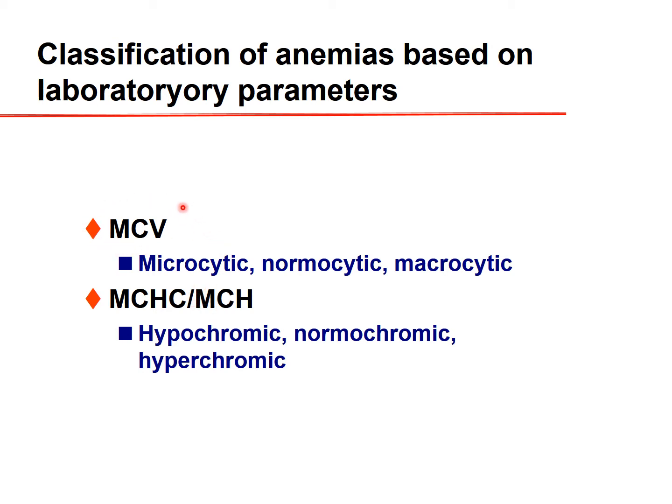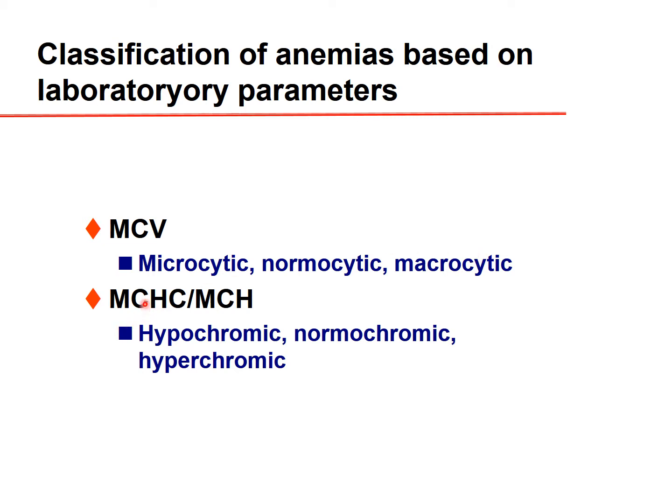Based on the size of the red blood cells, the MCV, we will have microcytic anemia when the cell size is smaller, normocytic when the cell size is normal, or macrocytic anemias when the red blood cells are bigger.